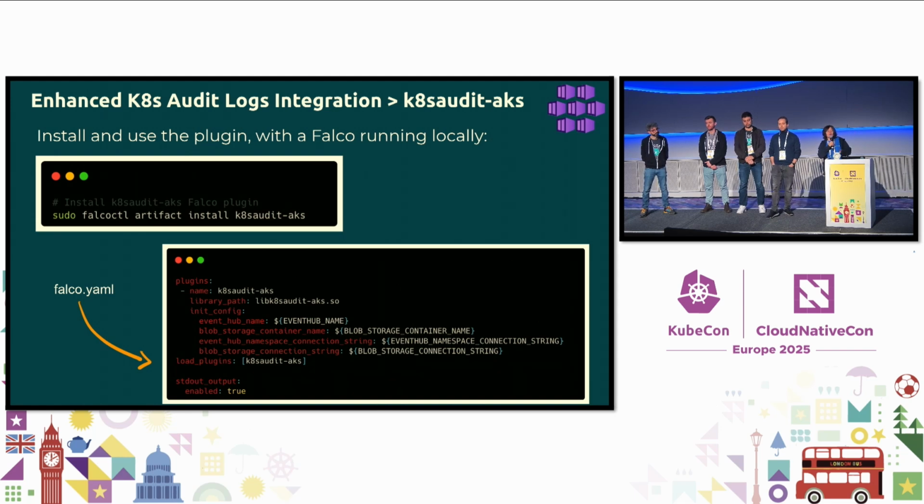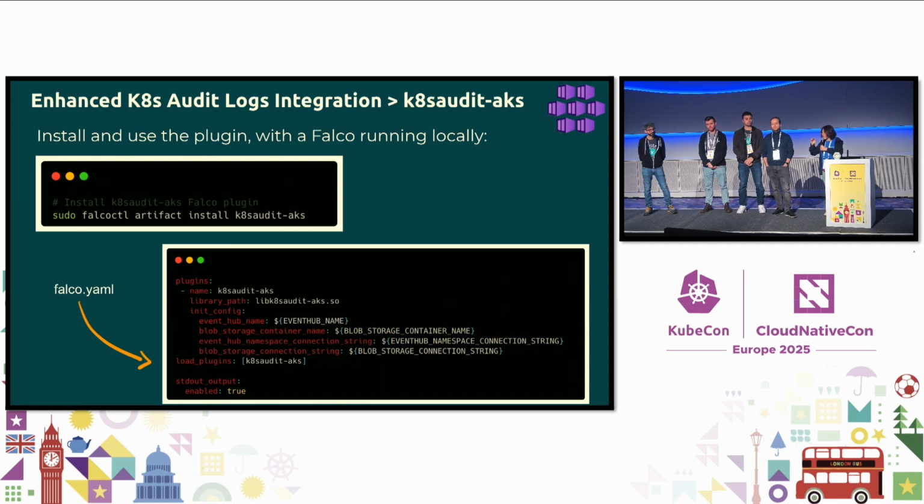In order to install and use it, you just have to execute the falcoctl artifact install command, and you have to fill the Falco YAML file with this type of content.